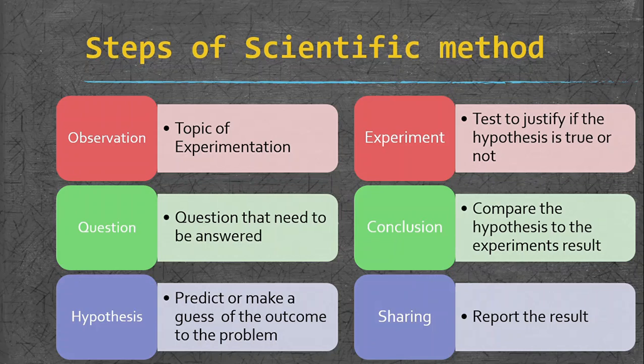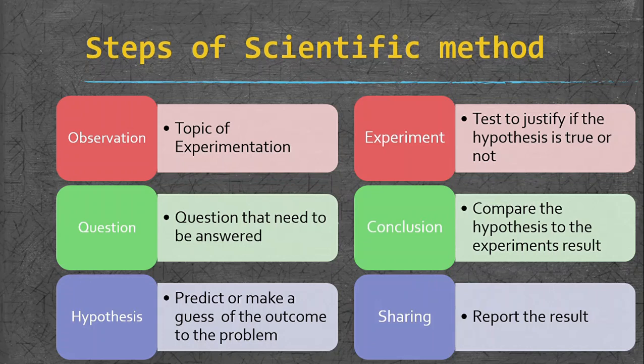Now come to the part of experiment. When we know the topic of our observation, we know what type of answer we need, and when we know the hypothesis of our experiment, then we have to go for the experiment.